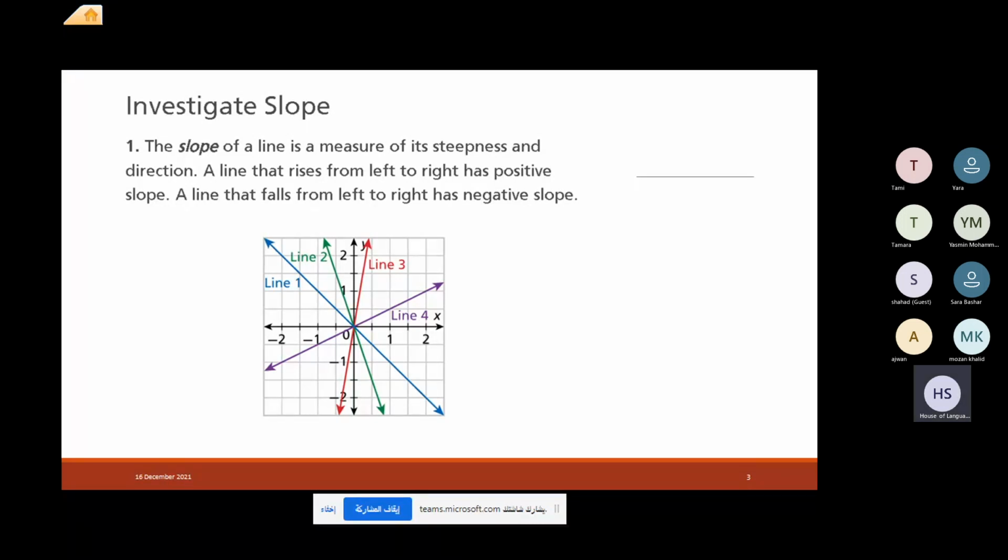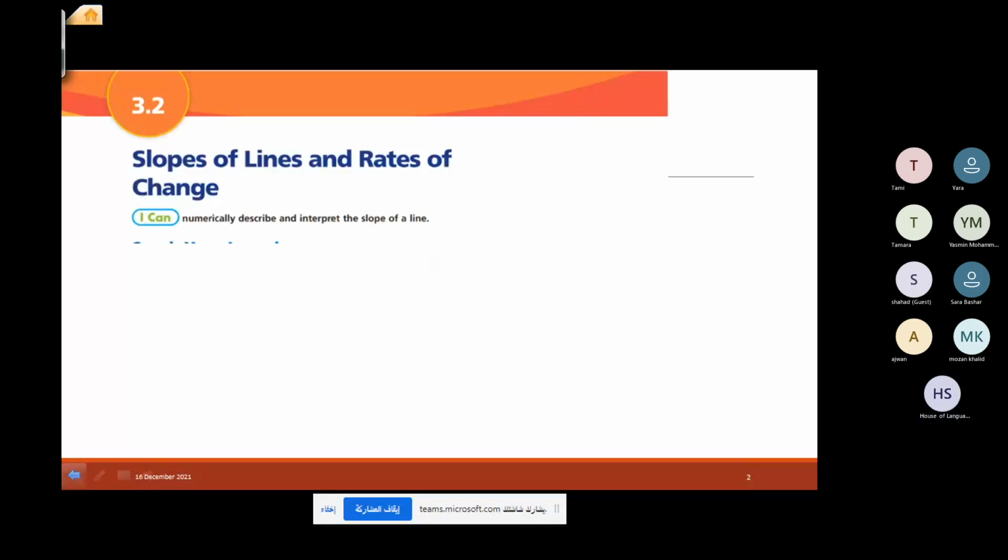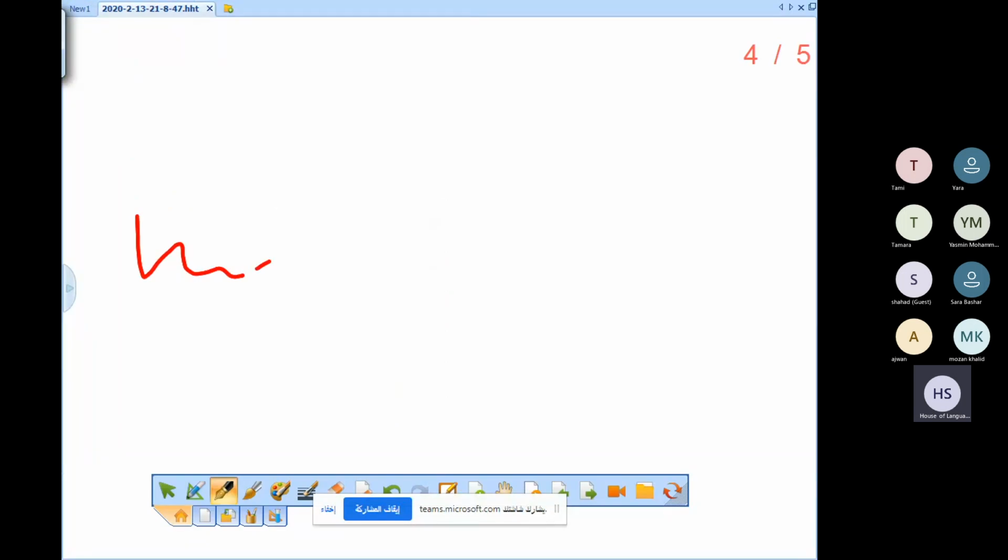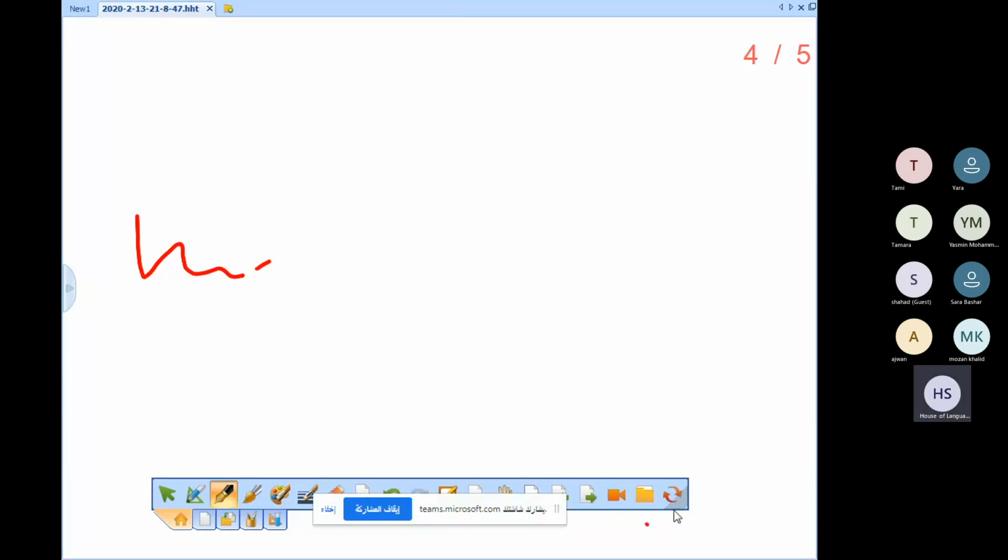Now, a line that rises from left to right, like, no. Go upward.